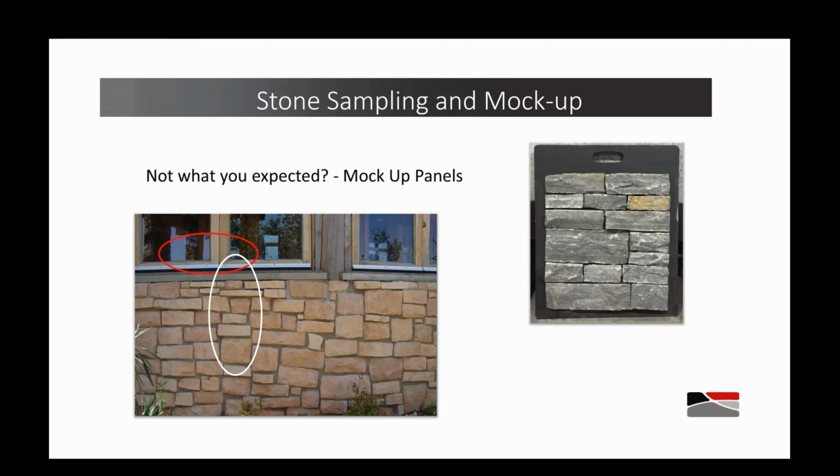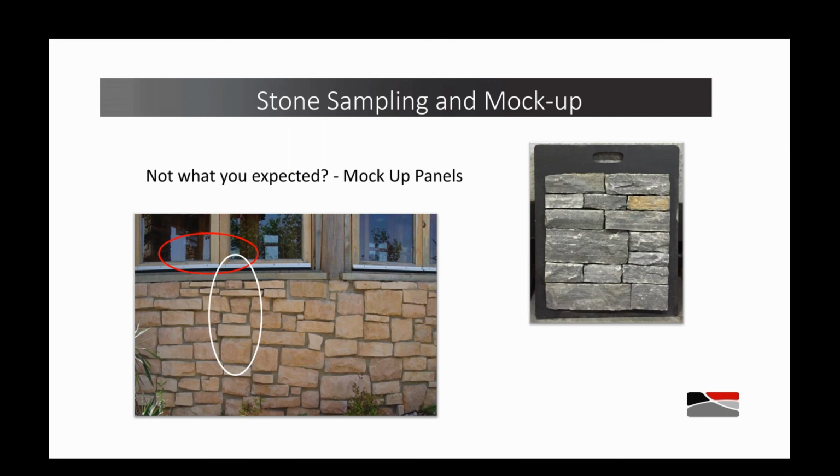So how do we avoid these pitfalls and meet and manage the expectations? Well, the best way we know of is a good strong mock-up panel. You see there's a picture there. It's fair to assume that was not the desired look that the client or the architect had in mind.